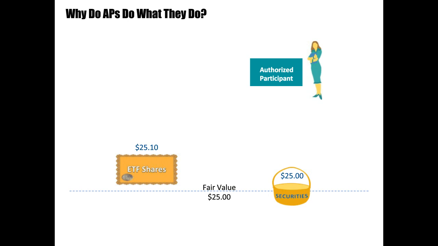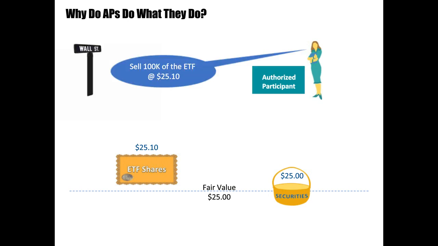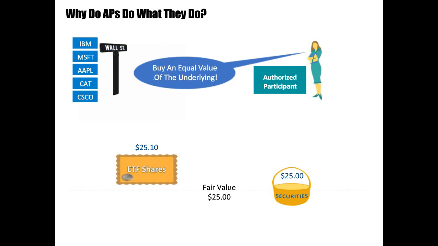They sell this ETF that is trading at an inflated value of $25.10. They then hedge their book by buying the equal value of the underlying stocks, IBM, Microsoft, Apple, Cisco, Caterpillar, and so forth, because they know that at the end of the day, they can turn those underlying stocks into the ETF company for an equal value in shares of the ETF to cancel out their short sell of the ETF itself.